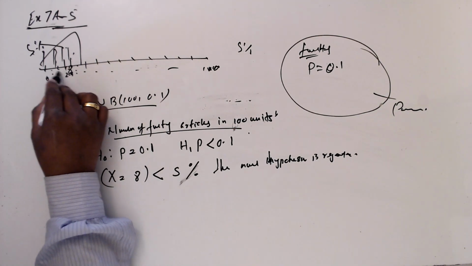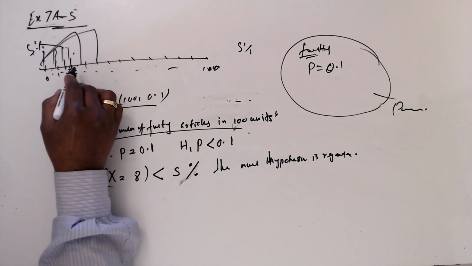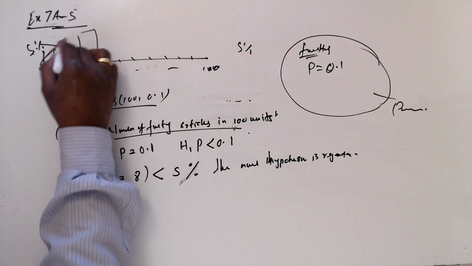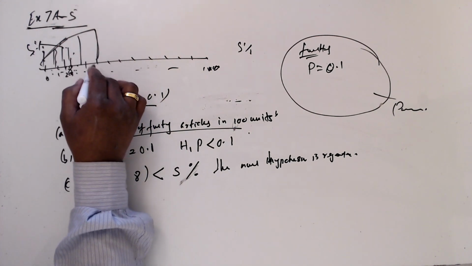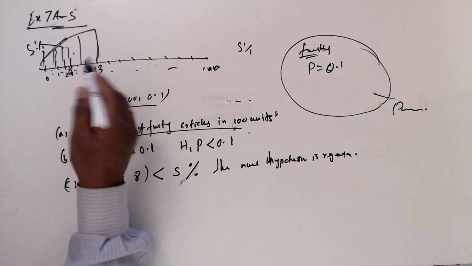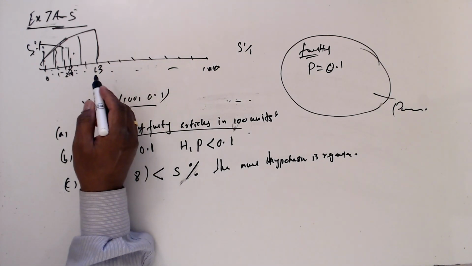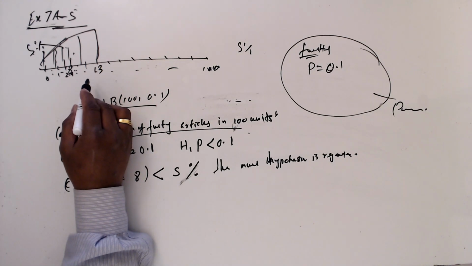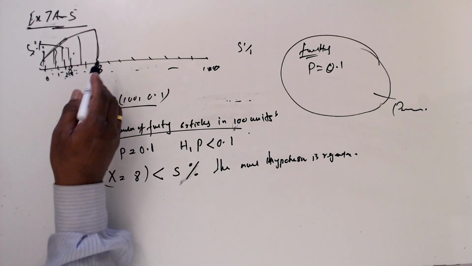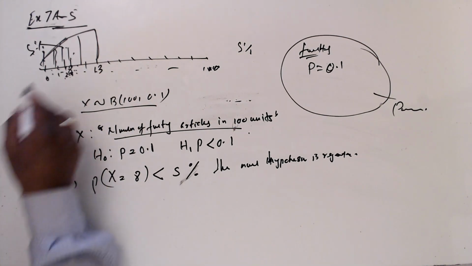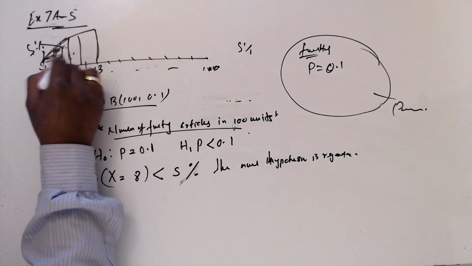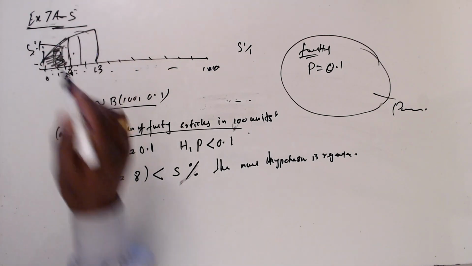So 0, 1, 2, 3, when you take this, it is the 5% threshold. Let's say it has 13 or 14 something, I'm guessing. In that case, the 8 is inside that 5% area.